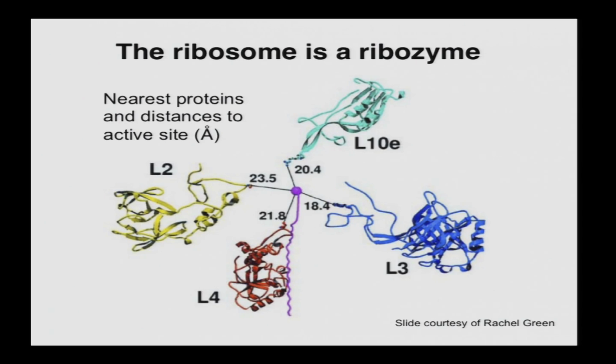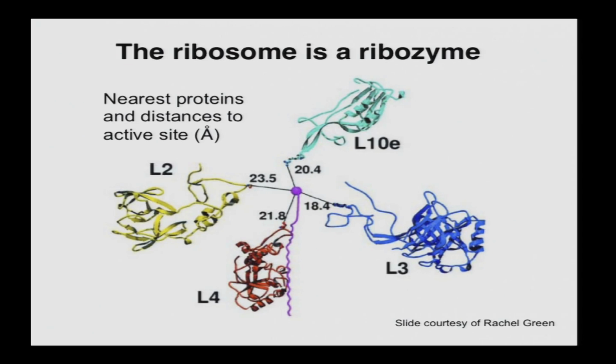You'll find that the nearest proteins are around 18 to 20 angstroms away. This is too far to do any chemistry. The active site residues, or molecules, need to be within a few angstroms to do any useful chemistry. And so this basically proves that the ribosome is a ribozyme. That is, it's an RNA enzyme. RNA is doing the catalysis.